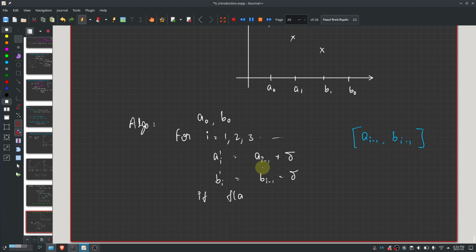I'll tell you how I choose this delta appropriately. I'll set A_i equal to A_i' after checking, basically. If you'd like, I'll call these two A_i' and B_i'.